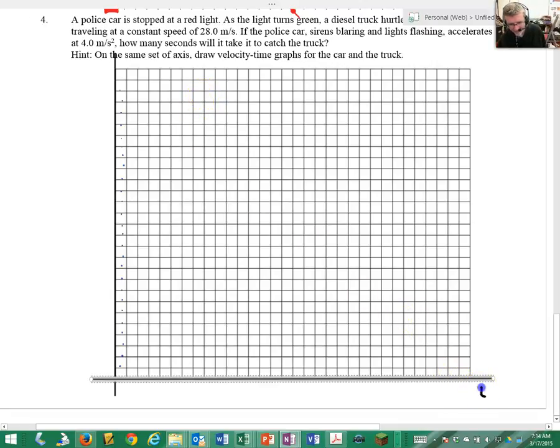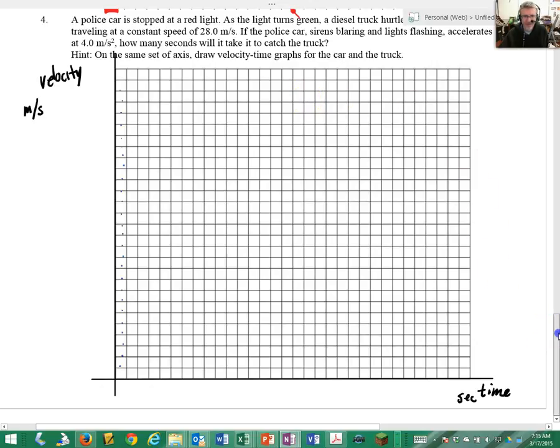So this is time, and this is velocity. The units are meters per second, and this one is seconds.